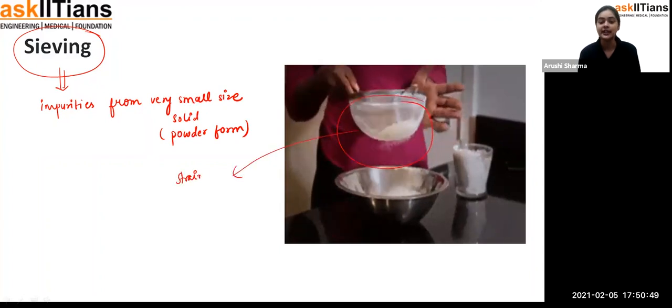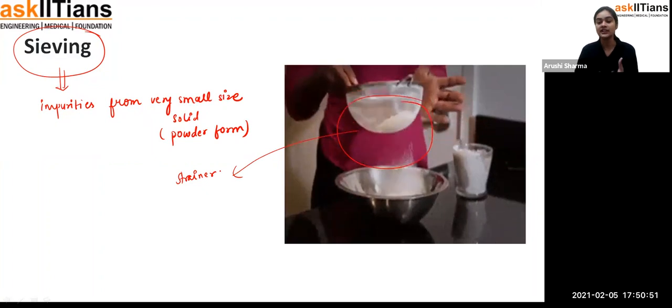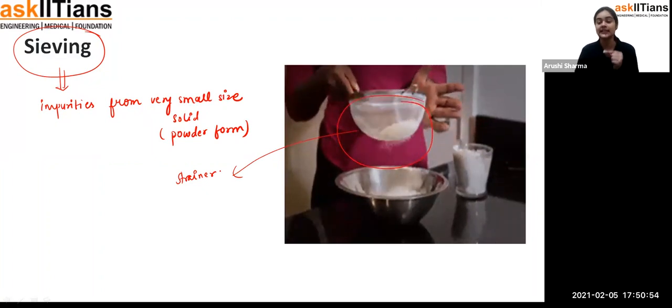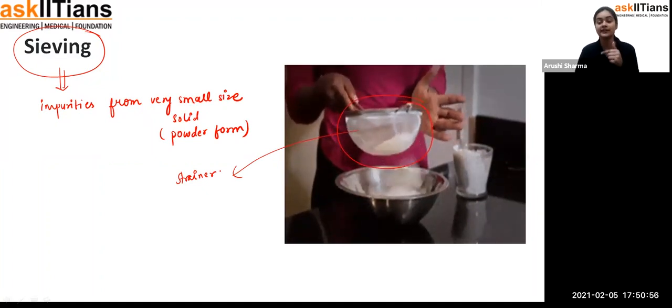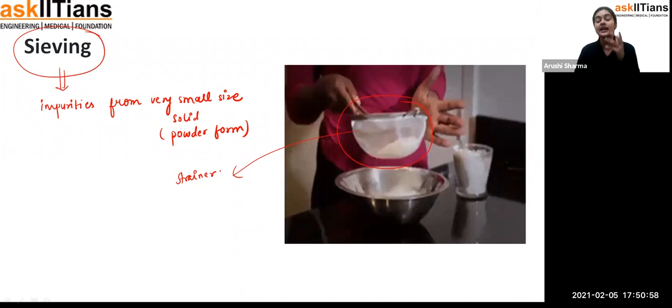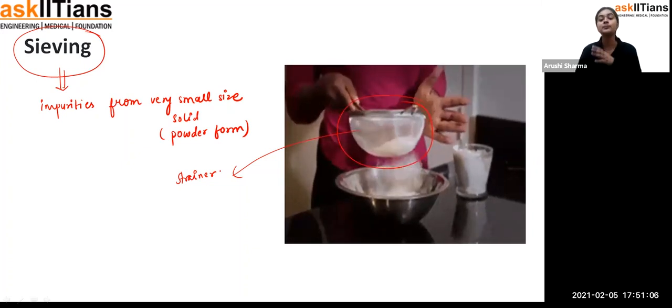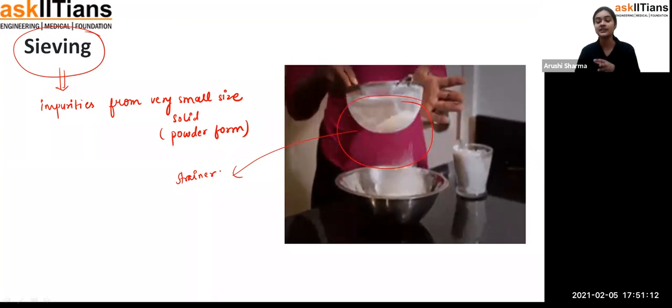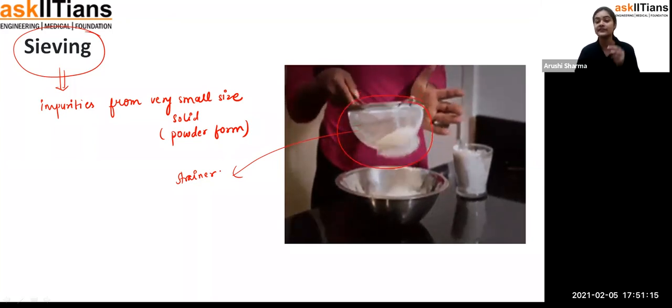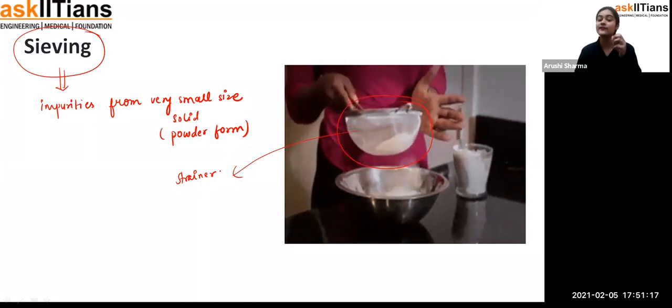Okay, students, as we can see here, this strainer has a very small pore size, and this small pore size is there because the flour which we have is generally present in a very powder form. Exactly. So when we have to remove the impurities that are very small in size, we use the strainer, because the strainer has pores that are very, very small.